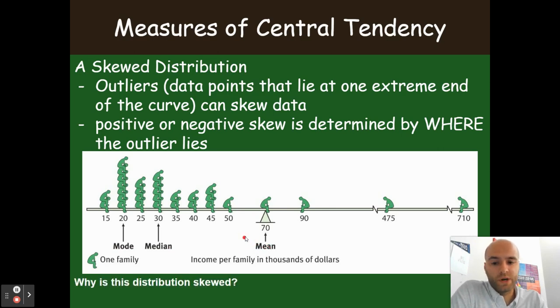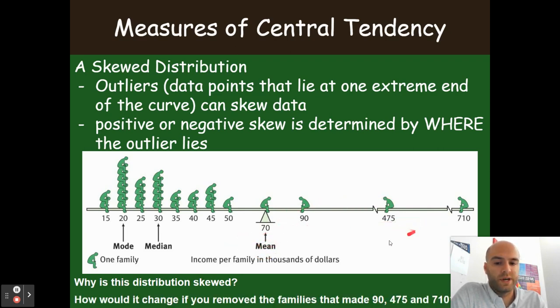Okay, so why is this distribution skewed? Hopefully you're realizing it's because out here on the higher side, there are some serious outliers: 710, 475, 90, potentially even 70. These are major outliers that are pulling our results and our average or our mean this direction. Okay.